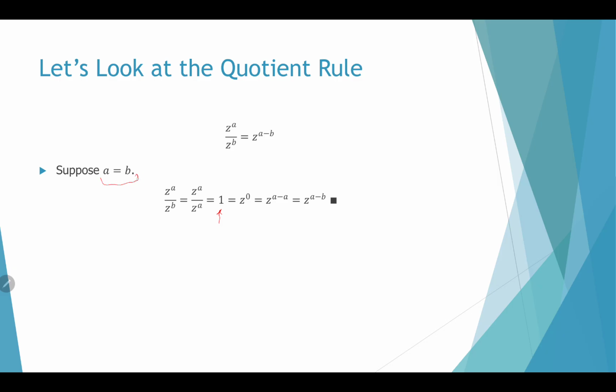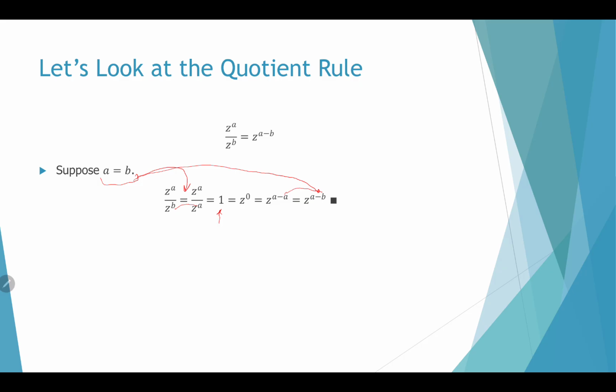I used it here to make that jump between these two. And I'm using it again, z to the power of 0 is z to the power of a minus a. But I'm also going to now use the same property to replace this a with that b.